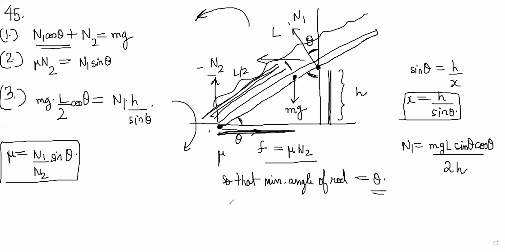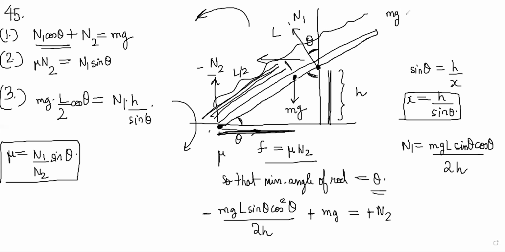So you get mgL sine theta cos square theta by 2h minus mg is equal to minus N2. So N2 is mg minus this. Take mg common, you have 1 minus L sine theta cos square theta by 2h. That is your N2.